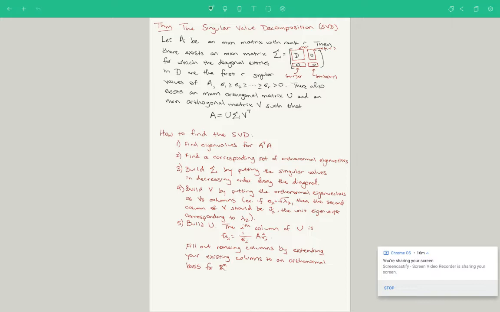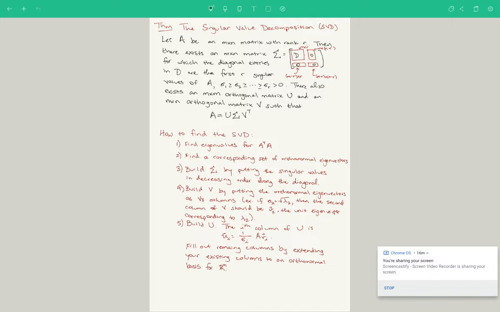So how do we find the singular value decomposition? Well, we start by calculating the symmetric matrix A transpose times A and finding all of the eigenvalues associated with it. Then we find a corresponding set of orthonormal eigenvectors. This is exactly what we were doing in section 5.3. We find those eigenvectors by finding the bases for the eigenspaces corresponding to those eigenvalues.